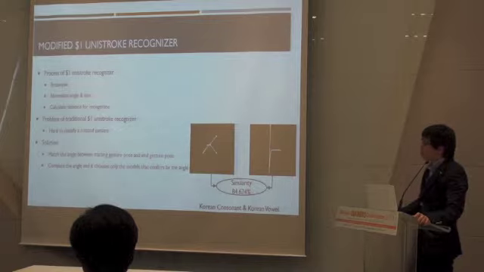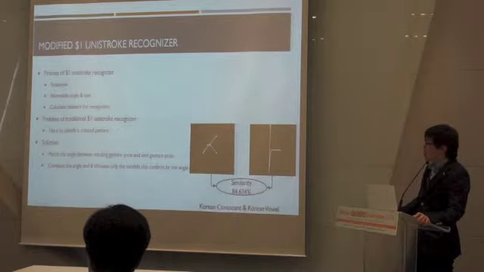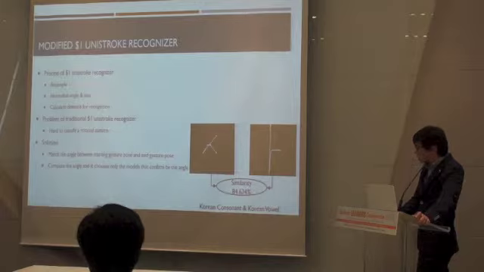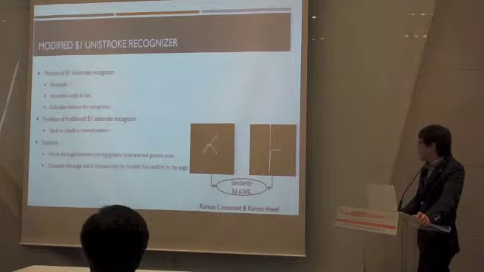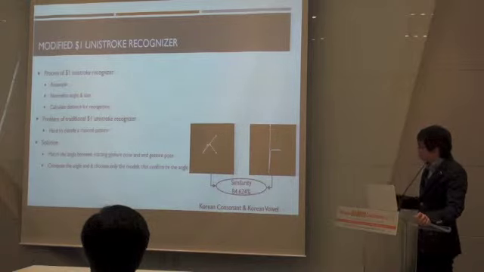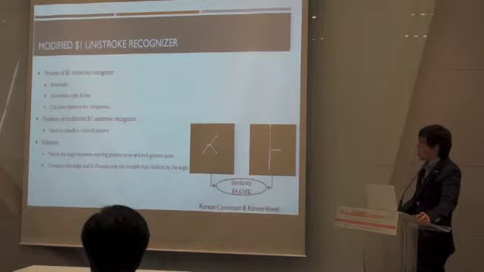So it has to resample and normalize the angle and size, because this side and this side are not the same. It has to be normalized in size and also in the direction of the start angle.